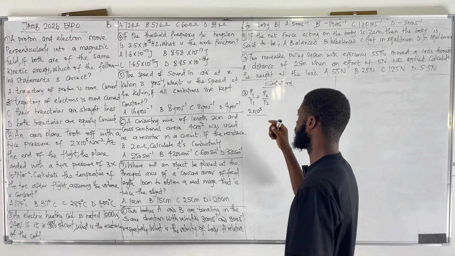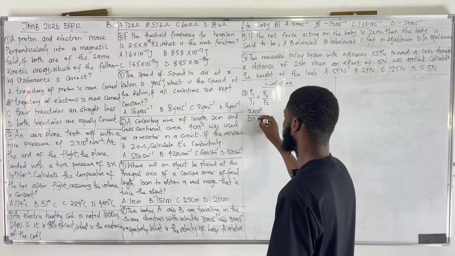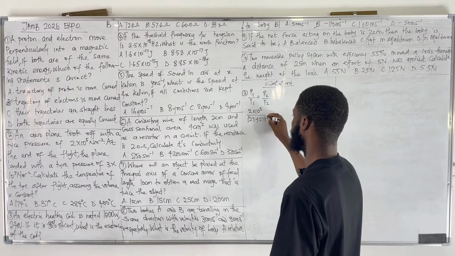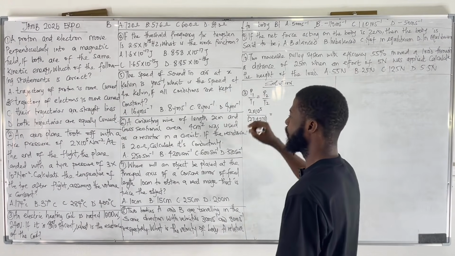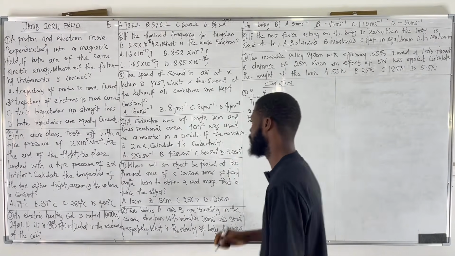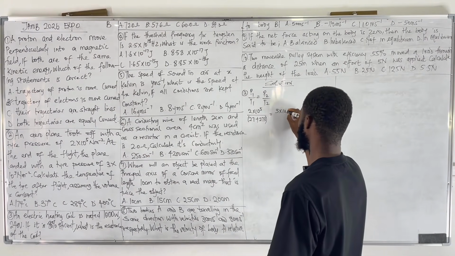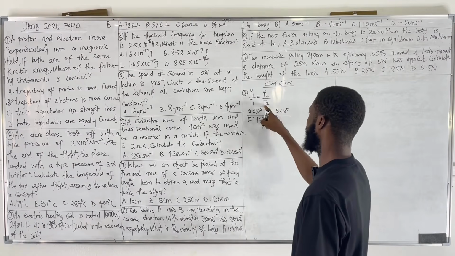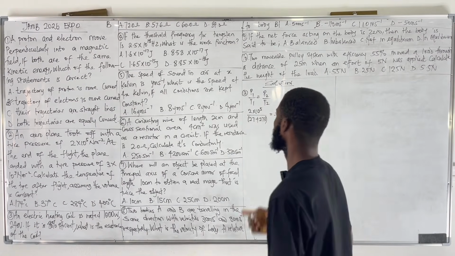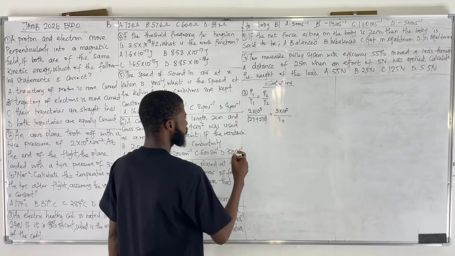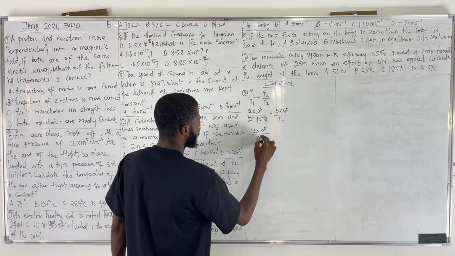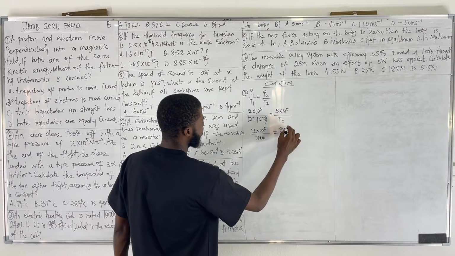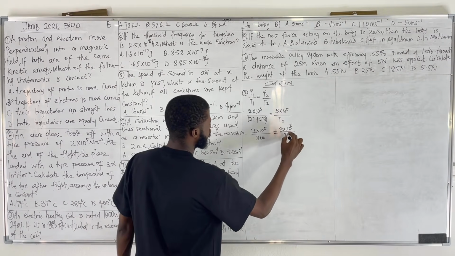So to change that to Kelvin, this will be 27 plus 273. Do not forget, change to Kelvin. All right, so P2, the second pressure, will be 3 times 10 to the power of 5, and then our T2 is what we're looking for. Now, this is 2 times 10 to the 5 over 300 equals 3 times 10 to the 5 over T2.